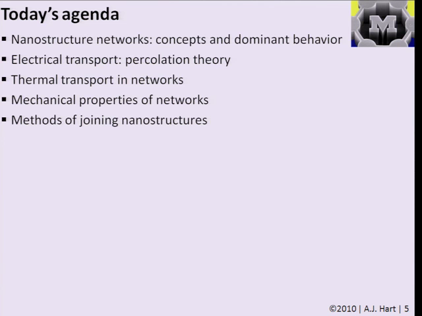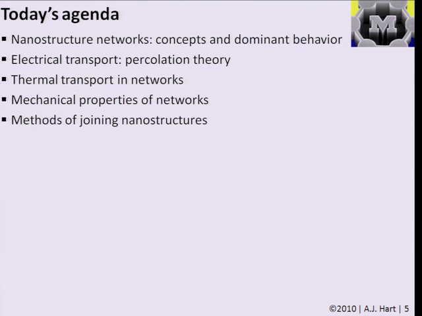And then we'll talk a bit about thermal transport and mechanical properties. And at the end, if we have time, we'll talk about methods of joining structures. Incidentally, last year this lecture was about 2.5 lectures, so given our limited time, I've tried to condense it down, and I've put a bunch of the extra material in extra slides.